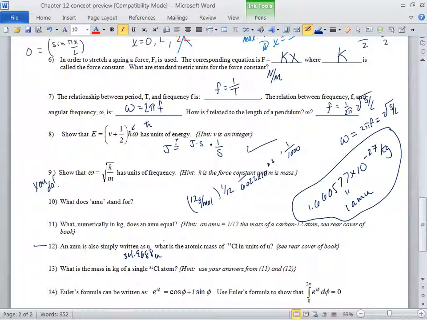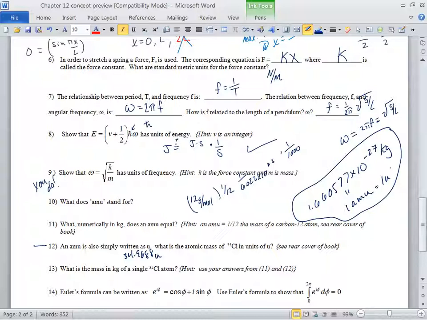And the whole purpose of doing this is so it's supposed to be easier to get this sort of thing. So now what's the mass in kilograms of a single chlorine 35 atom? We're going to use our conversion factor here, because we know 1 U is 1.660577 times 10 to the negative 27 kilograms.